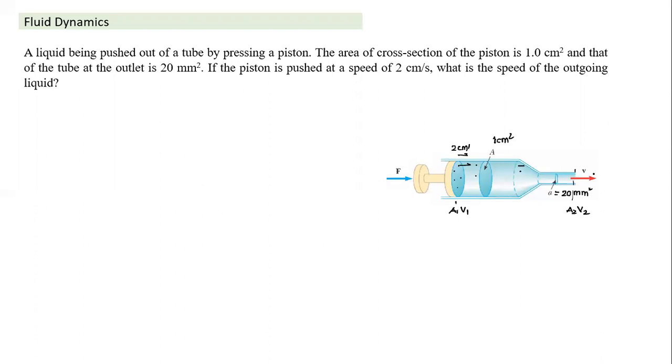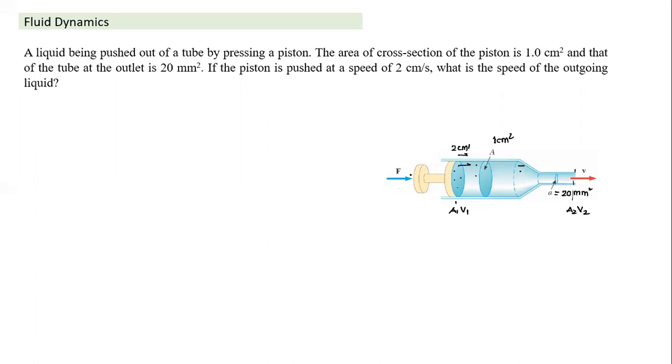move out from here. And if there's no friction anywhere here, if there's no loss of energy, I can calculate the kinetic energy acquired by the liquid which is flowing out, the kinetic energy of liquid flowing out in a unit time. That kinetic energy is coming because of work being done on the piston by this force also.